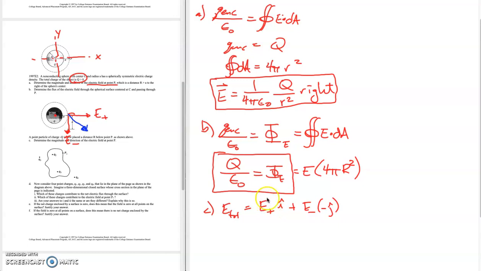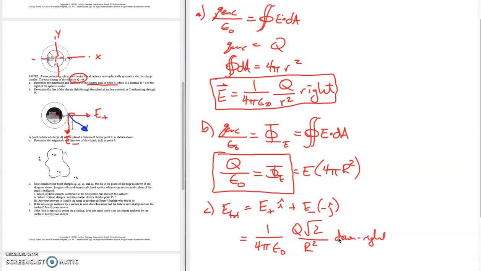Okay, so we're going to square this and square this and add them together and then take the square root. So that gets us 1 over 4 pi epsilon naught q square root of 2 over r squared.